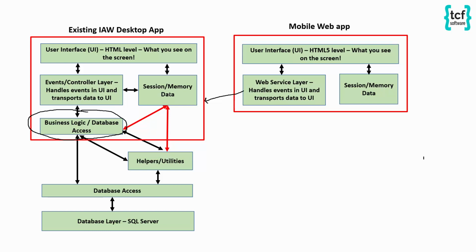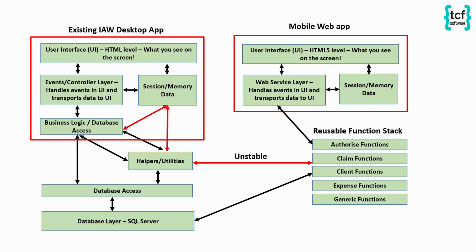Also has hook-ins into the UI layer, into the session, into the memory, and that session memory is locked to this UI rather than the mobile web app. So even these helper functions were problematic to use.